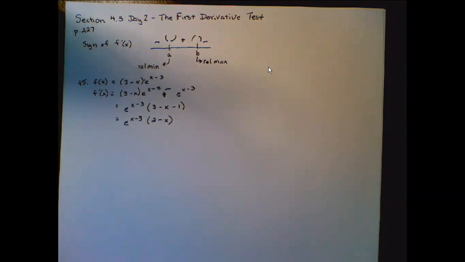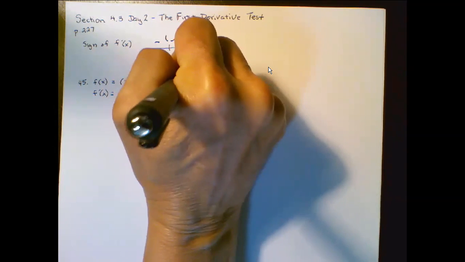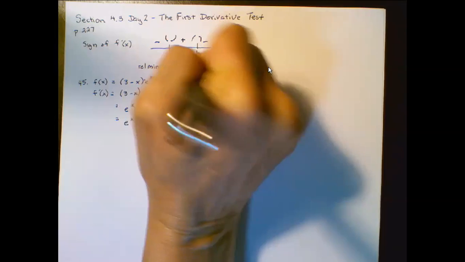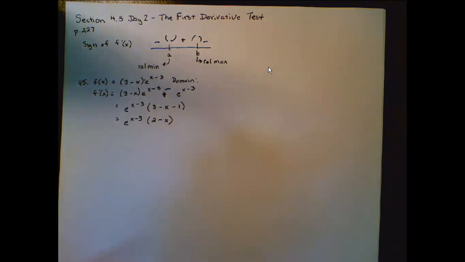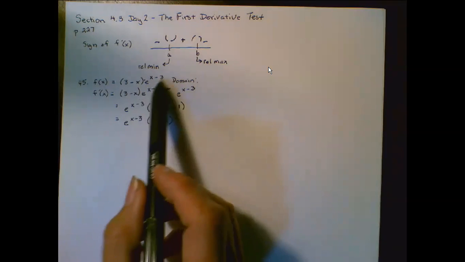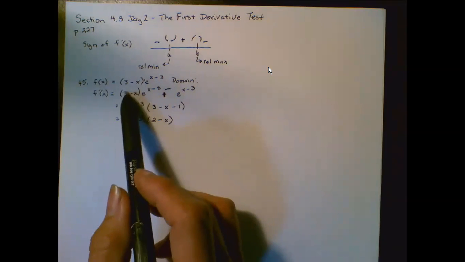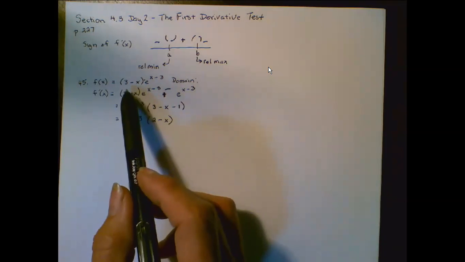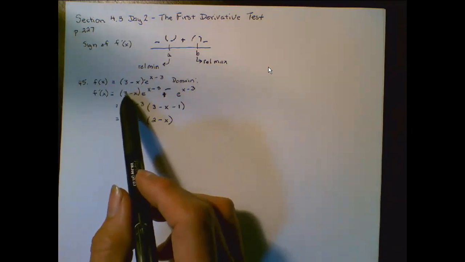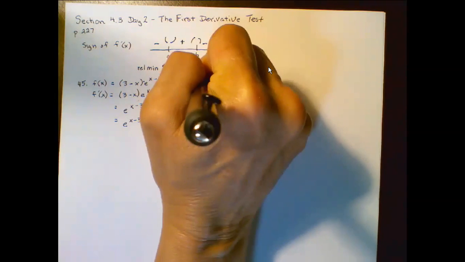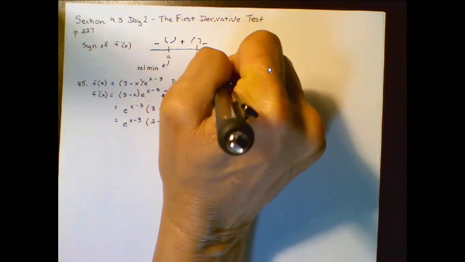One other thing I didn't think to mention at the beginning, but I told you this is always a good idea to think about the domain of the function. And in these problems in 4.6, that'll be the A part, give the domain of the function. Is there anything that I could not let x be here? Anything that makes the function undefined? No. So I don't have to worry about that when I'm finding critical numbers.